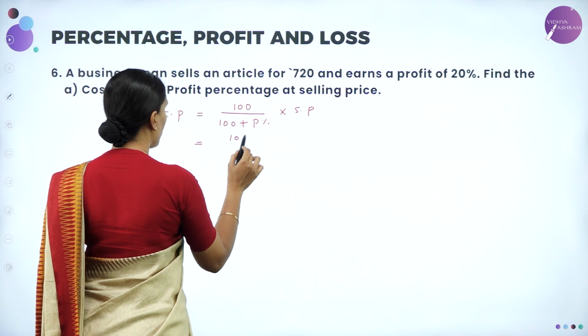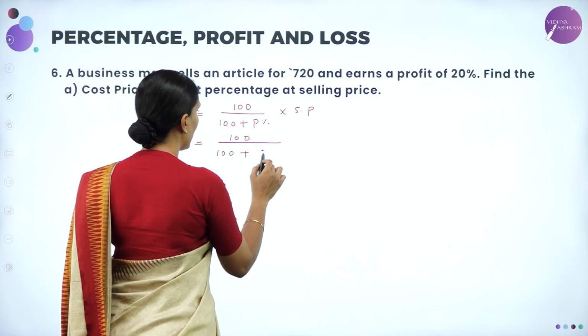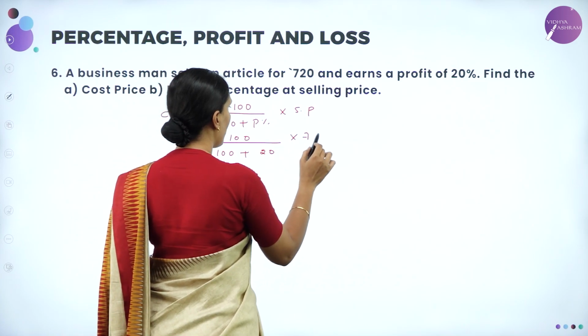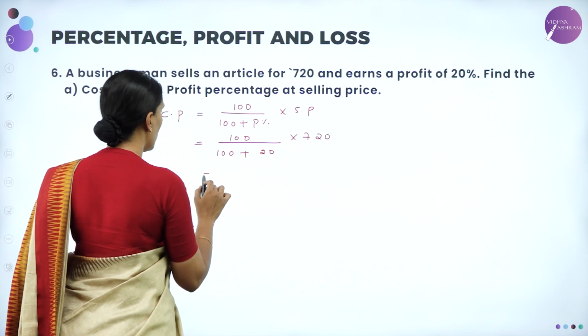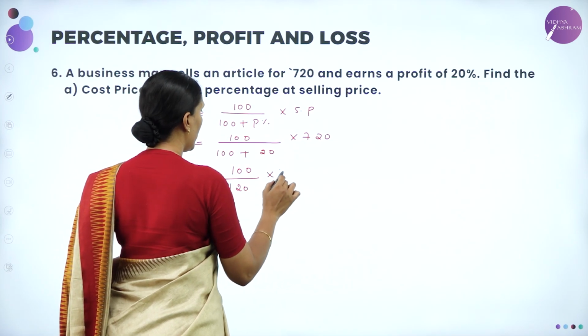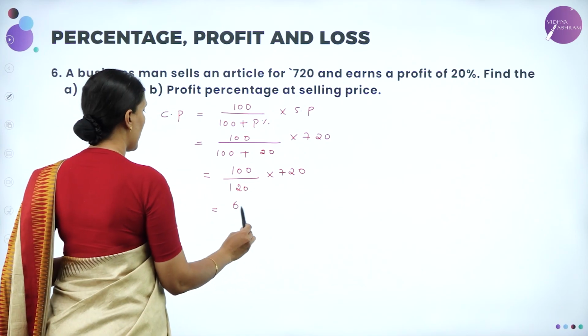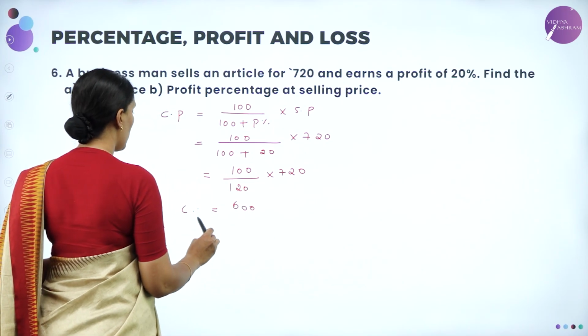So this is equal to 100 by 100 plus profit percentage 20 into selling price 720. So which is 100 divided by 120 into 720, that is equal to 600. So which is the cost price.